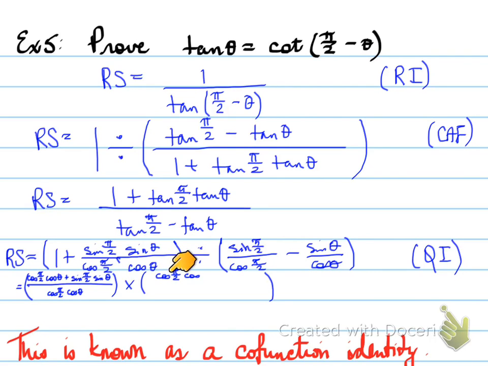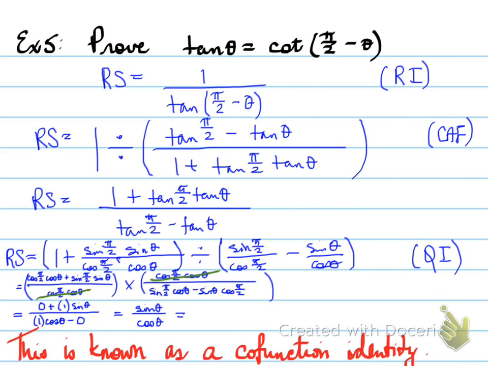So this is my common denominator and the numerator now, and my numerator becomes my denominator. And what happens is these coses will cancel, and you will end up with a value of the following. And that will give you tan theta.